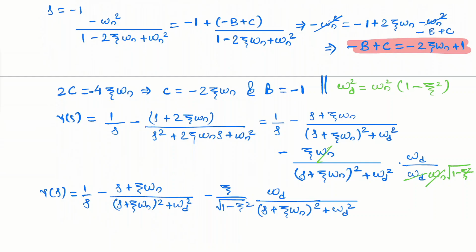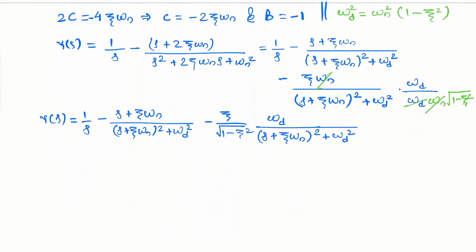So if we observe these terms, we can see that this term is looking something like the Laplace transform of a cosine term, and this is looking like the Laplace transform of a sine term.